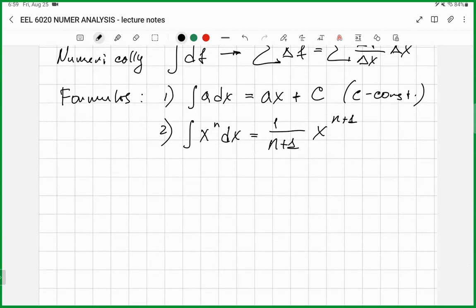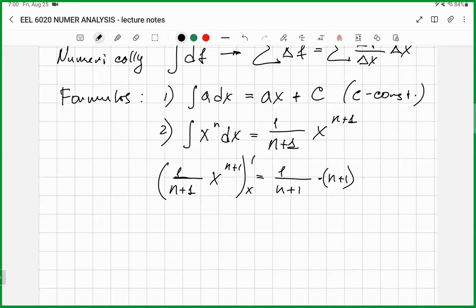Let's take the derivative of this and check that this is really the opposite operation. So 1 over n plus 1 times x to the power of n plus 1, and I take the derivative by x. I take 1 over n plus 1 out because it's constant, right? And then the derivative of x to the power of n plus 1 gives me n plus 1 here, and the power of x is 1 less.